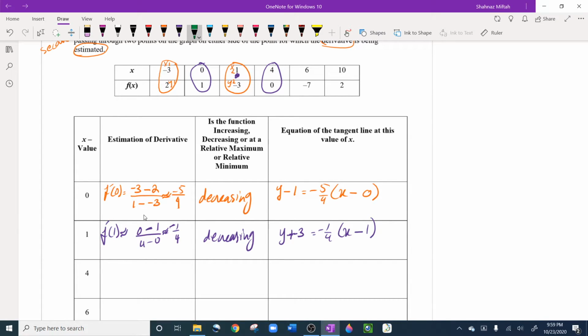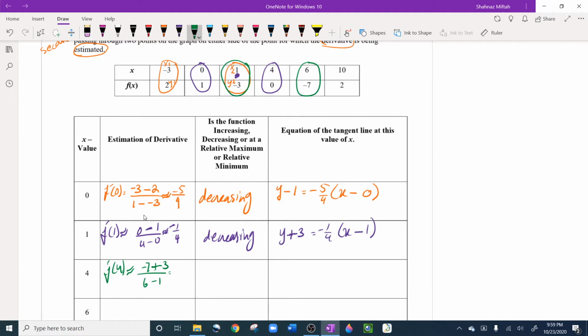Let's try another one. 4. So this is 4, right? You're going to pick arbitrarily close to 4, the points 6, -7 and 1, -3. So let's try f prime 4 approximation: -7 minus -3, which turns positive, over 6 minus 1.